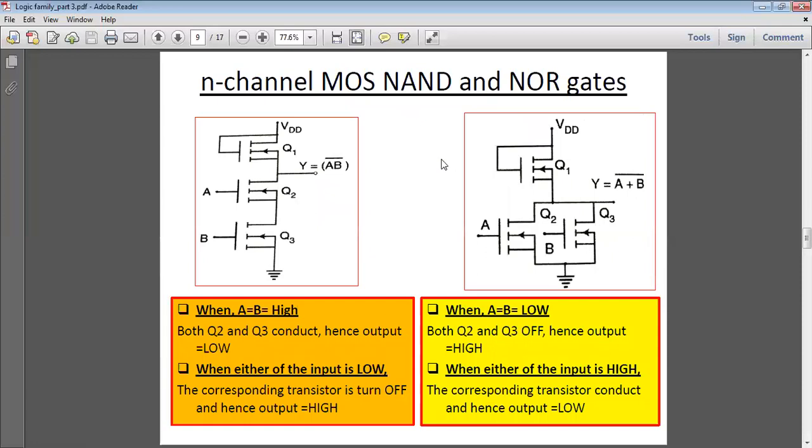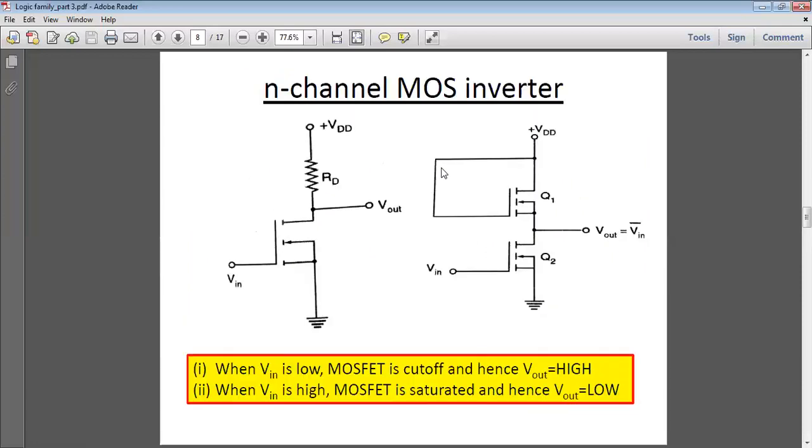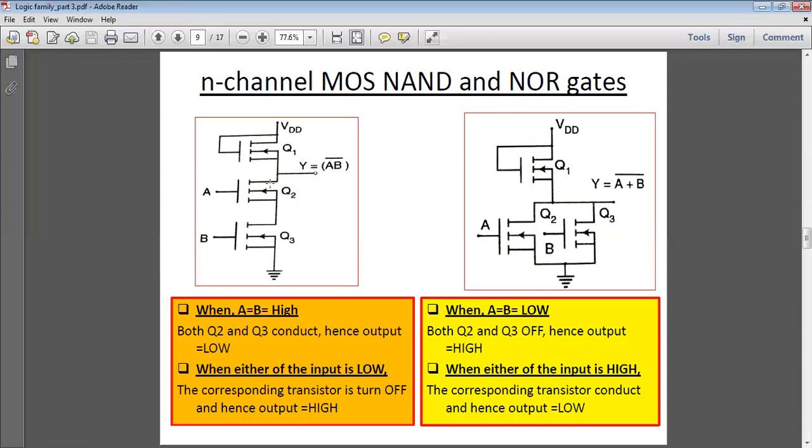Now the NMOS NAND and NOR gates. Basically, Q1 acts as a load, with Q2 and Q3 connected in series. When A and B are high, that means Q2 and Q3 conduct, hence the output voltage will be equal to ground potential. So when A and B are 1 1, output will be 0.